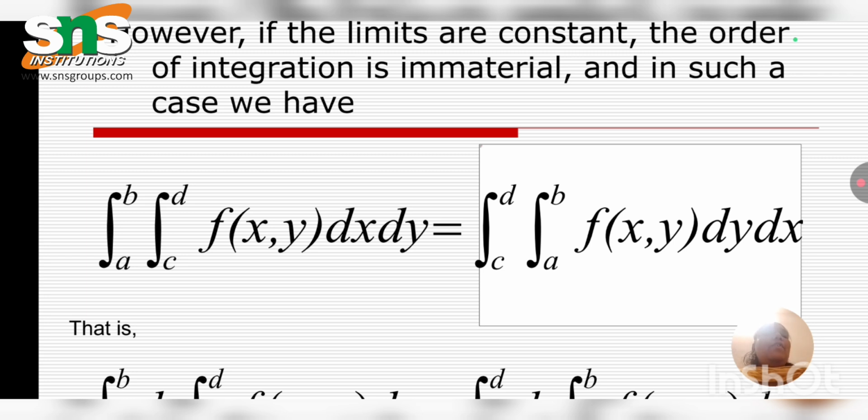We write the integral of f of x, y dx dy, which is equal to the integral of dy dx by changing the order of the integrals. So if the limits of integration are constant, then the order of integration does not matter. But when the limits are variables, the integration becomes difficult or impossible.